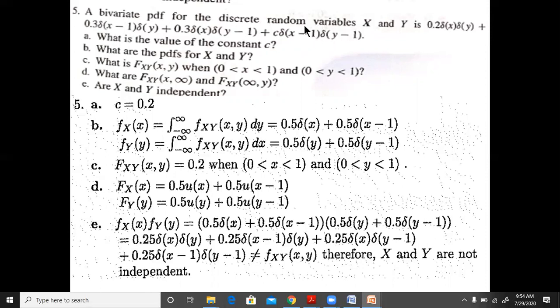So 0.2 plus 0.3 plus 0.3 plus c is equal to 1, and 0.3 plus 0.2 plus 0.3 is equal to 0.8. So c is equal to 1 minus 0.8, which gives c equal to 0.2. You need to write all these steps: 0.2 plus 0.3 plus 0.3 plus c is equal to 1, and therefore 0.8 plus c is equal to 1.